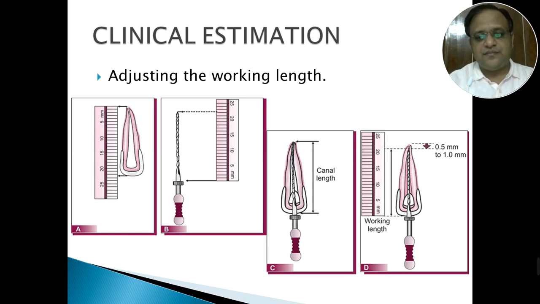So please make sure your file is retrieved almost 0.5 to 1 mm, and this is your working length. If you create any longer working length, or shorter working length, your treatment results will differ. So make sure you have a steady reference point and the right way of taking working radiograph.